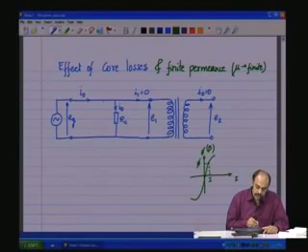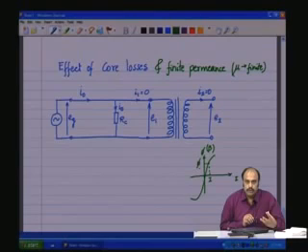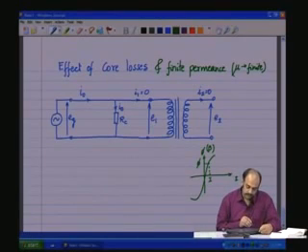That current is also to be drawn and diverted to the flux producing device or a flux producing component of the equivalent circuit.